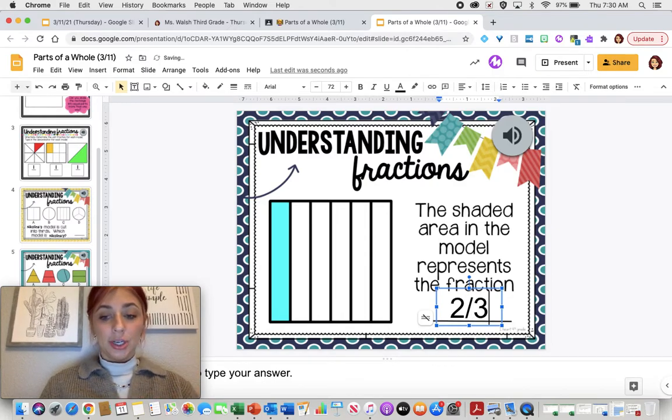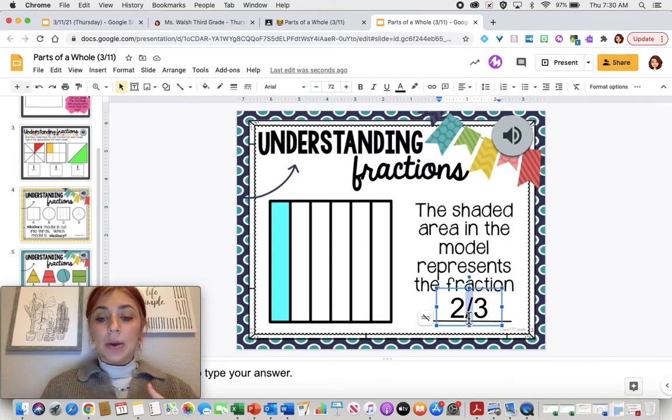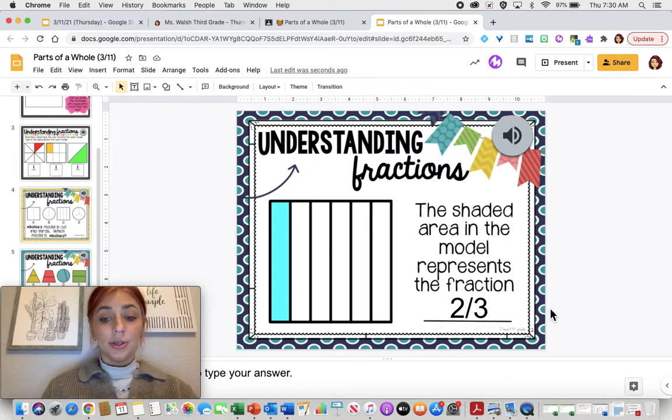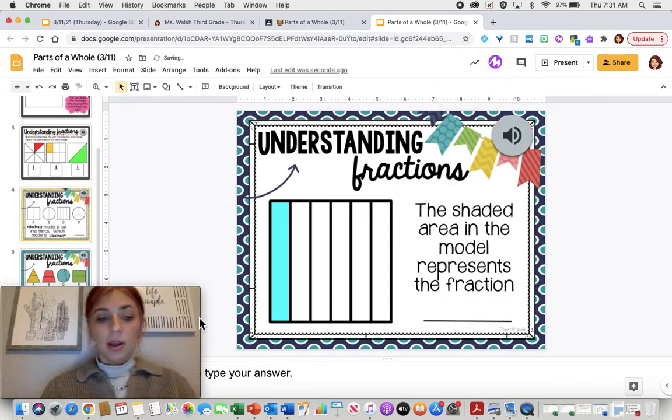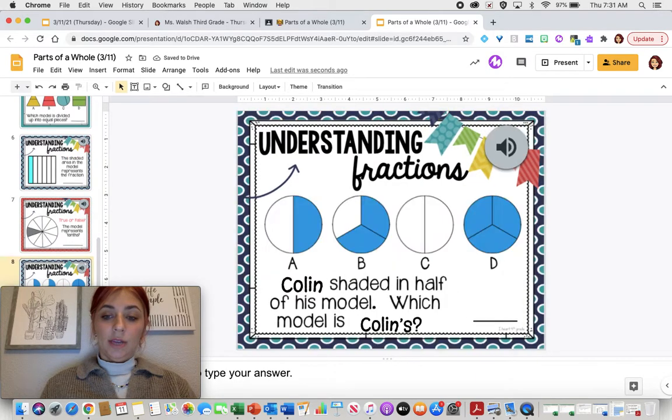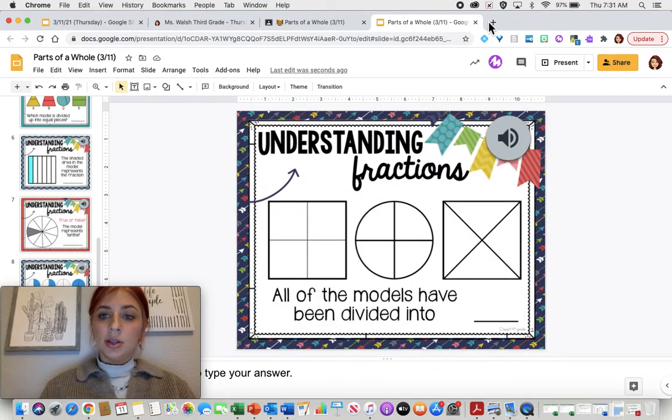And then you're going to put your denominator. This is obviously not the correct answer, but I just want you guys to see how I use that slash. So again, use the slash key to represent your fraction bar when you are typing your fractions. And then you're just going to answer the rest of these questions.